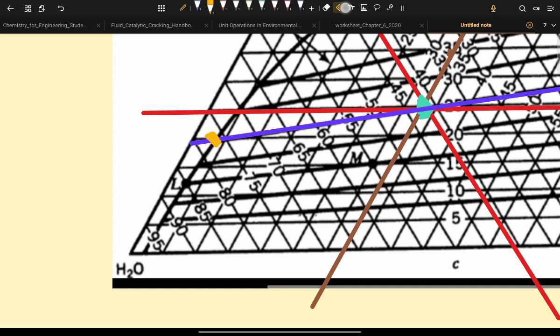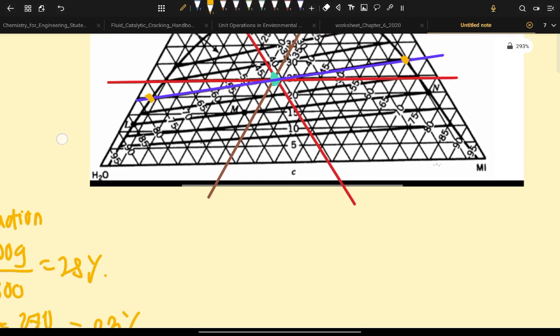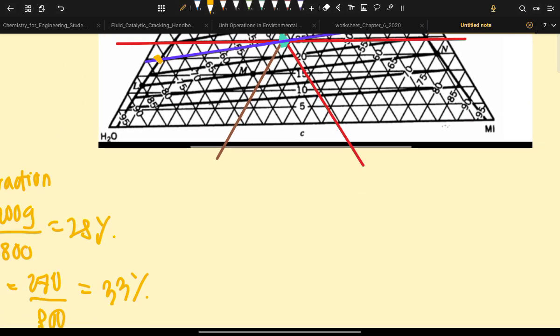The step is just the same, which is stream number 3 and stream number 4, with MIBK, acetone, H2O for each.